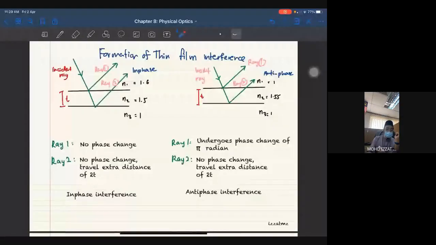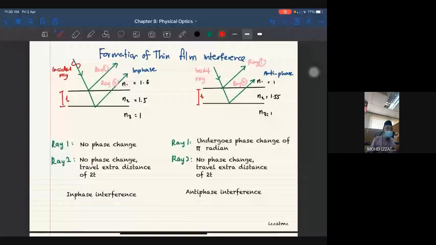So you can see here, in the diagram on the left, from the incident ray that I wrote in red, when it goes from medium n1 and meets the surface of n2, it is reflected. A little more goes in. Let's say initially the wave is like this. So when it is reflected, if it goes from a lower medium to a higher medium, it will have a phase change.